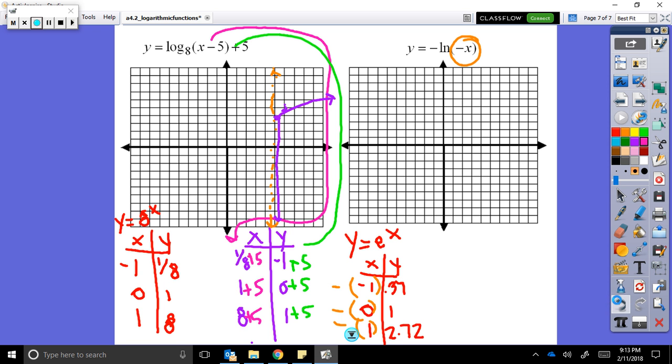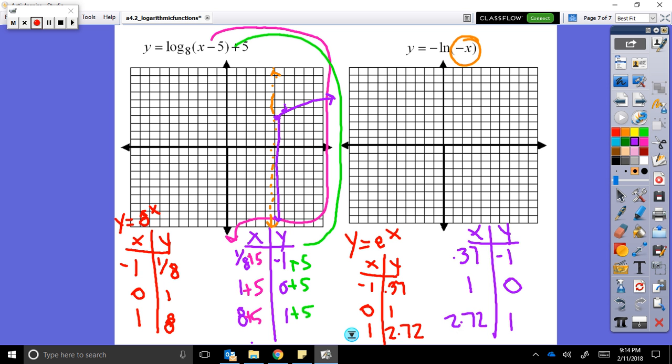oops, hold on, pause. We need to flip our t-chart over. I didn't flip it over first. Let's flip it over, then put the negative signs on there. All right, 0.37, -1, 1, 0, 2.72, 1. Now put the negatives.